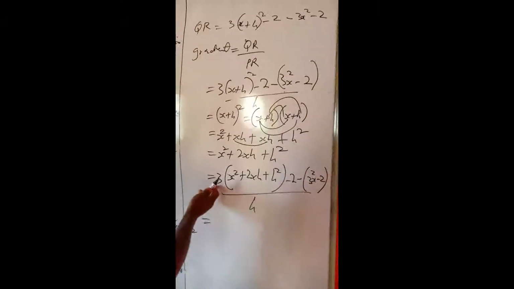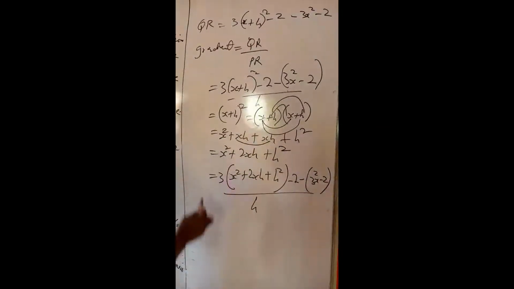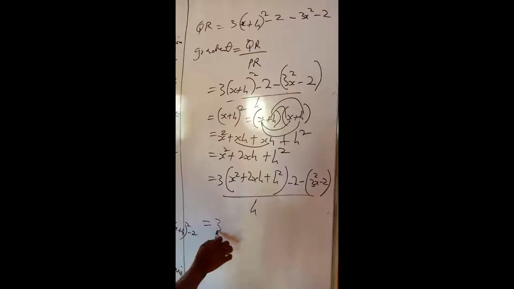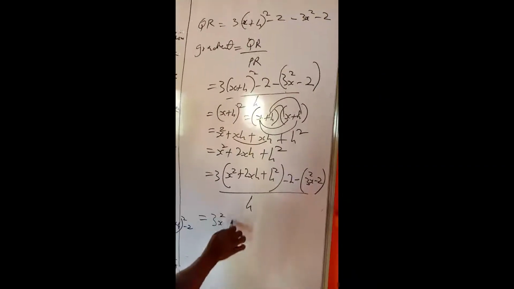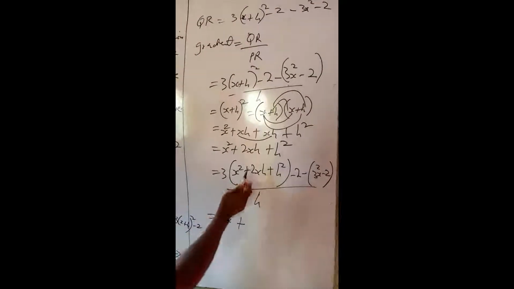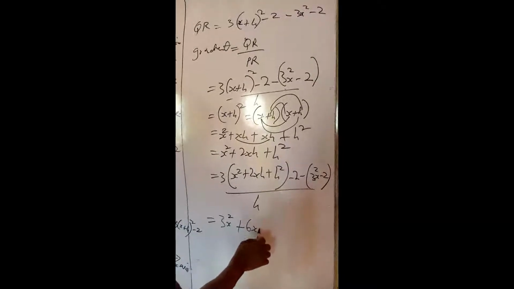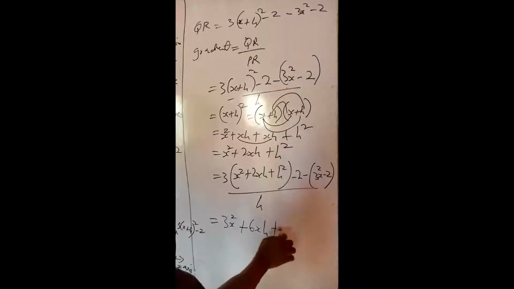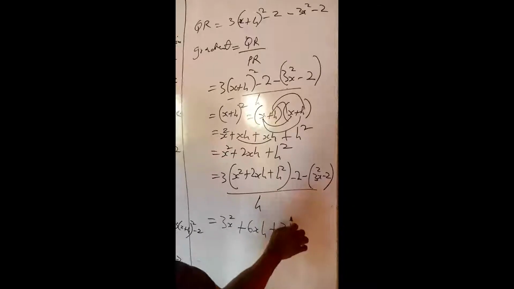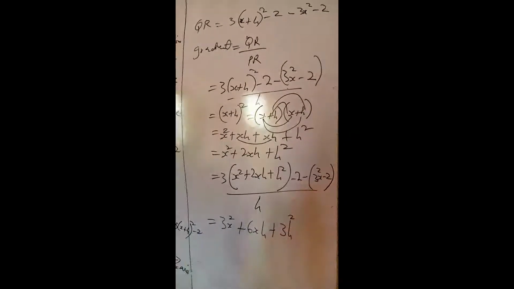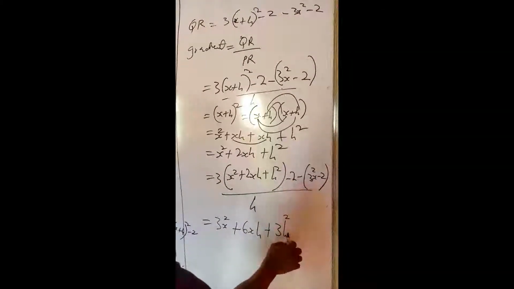So now we are going to multiply through by 3. What you have there now will give us 3x squared, plus 3 times 2x will give us 6xh, plus 3h squared, then minus 2.